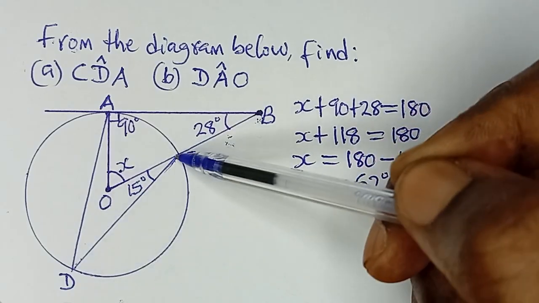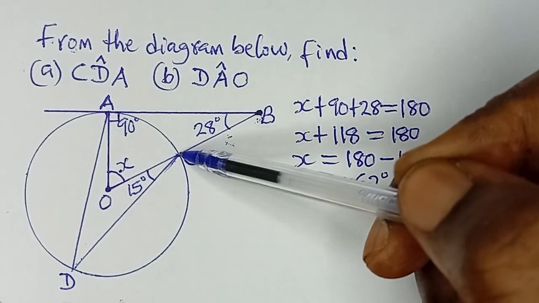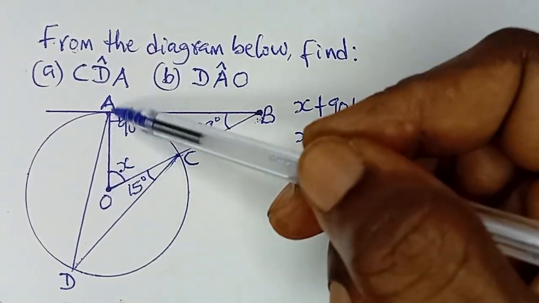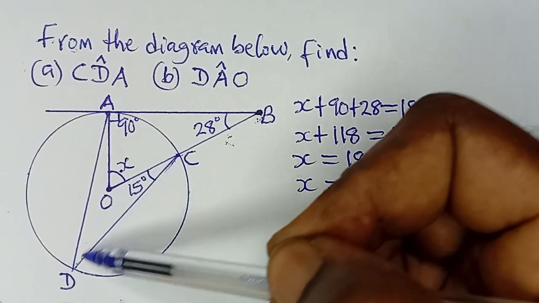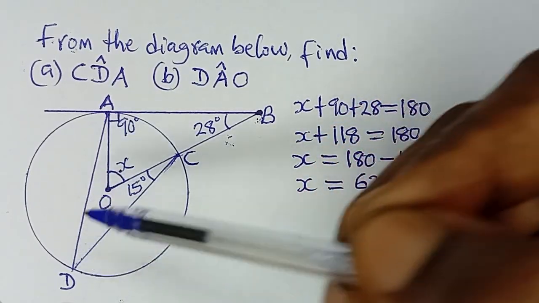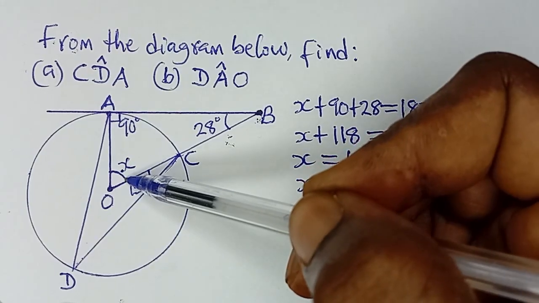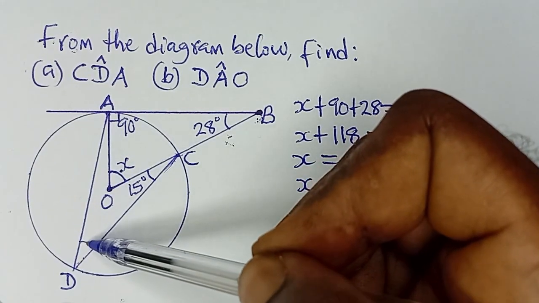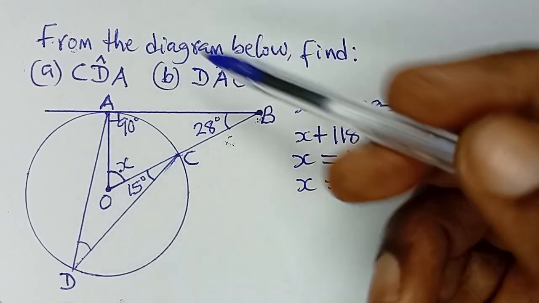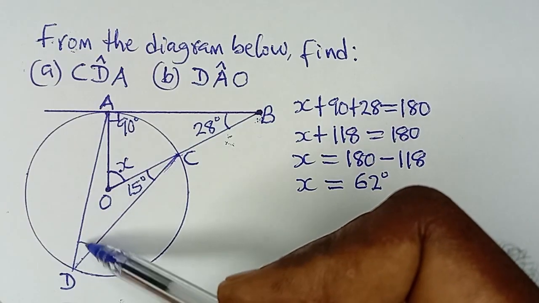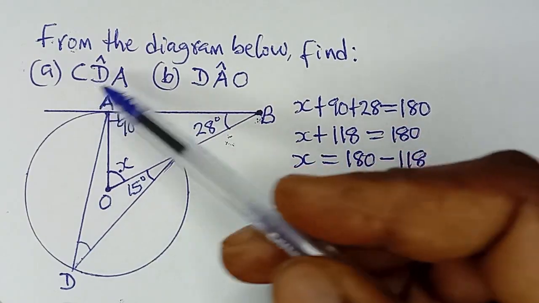So when you have a pair going to the center and another pair going to the circumference, you remember the theorem that angle at center is twice that at the circumference. So that means this one at the circumference is angle CDA.